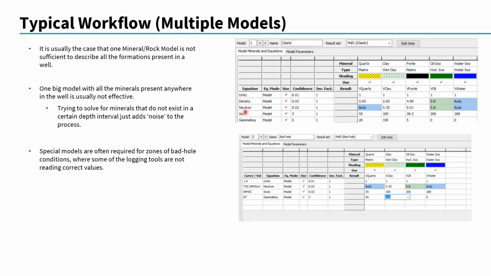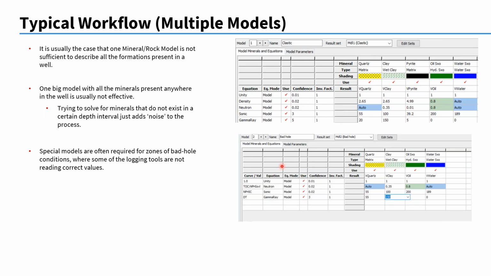Apart from those equations, there's always going to be what we call a unity equation. What the unity equation does is add up all the volumes to 1. So you will notice that in all the models that we build, there's going to be a unity equation.